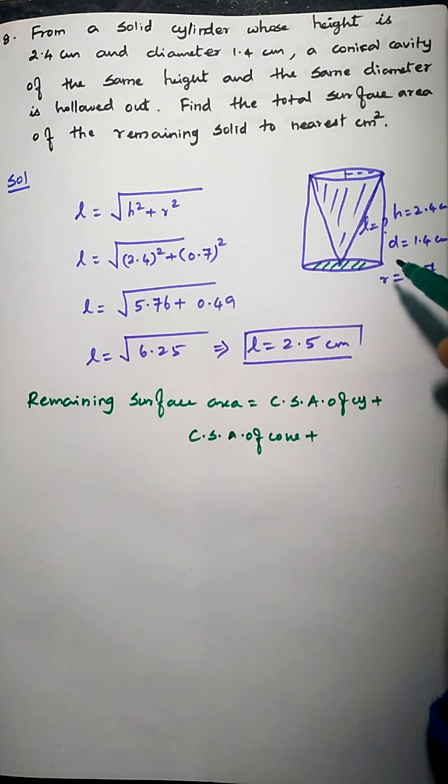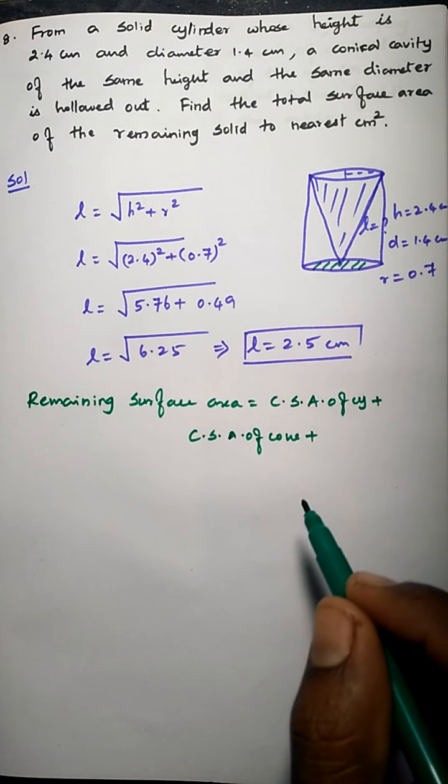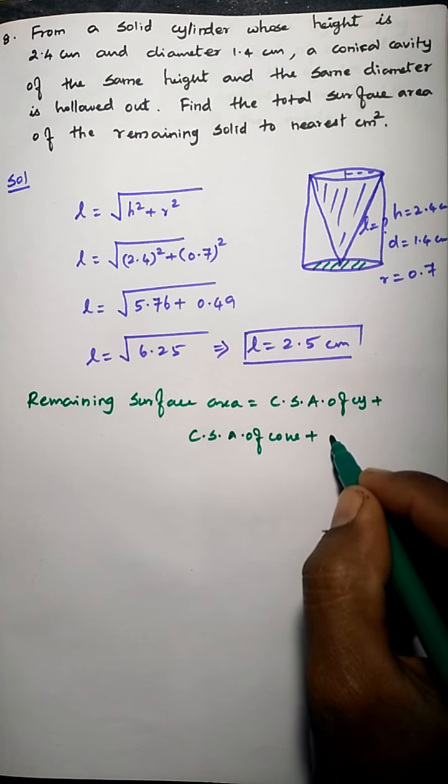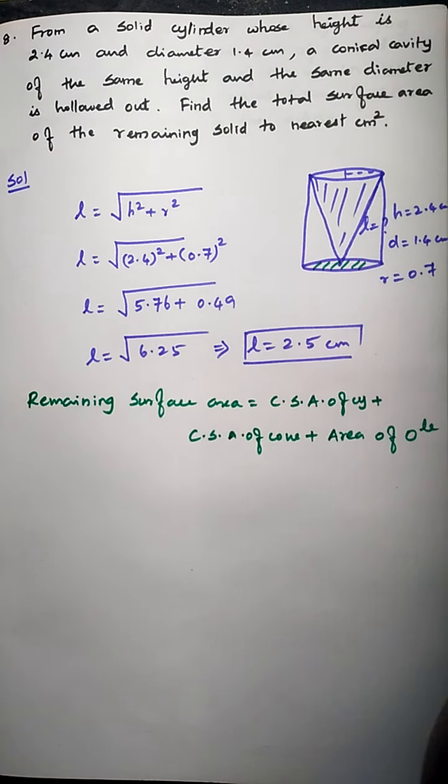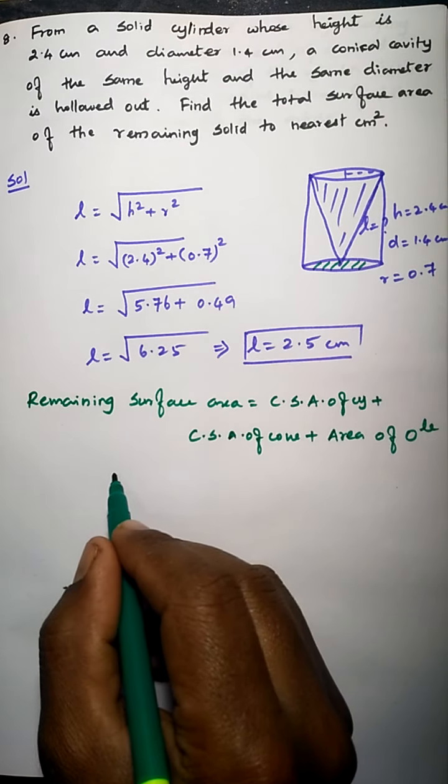The bottom of the shape in the cylinder is a circle, so we take the area of the circle.